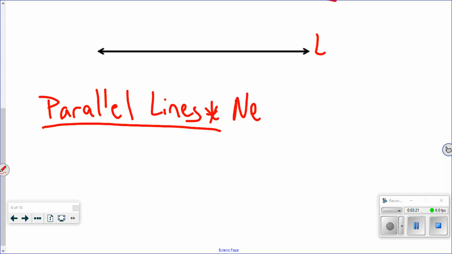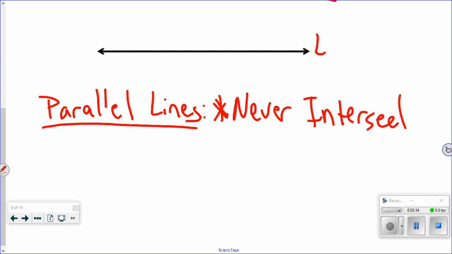They never intersect. But how do we know they never intersect? And they never intersect because the distance between them is always the same.